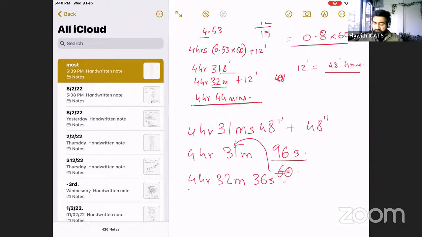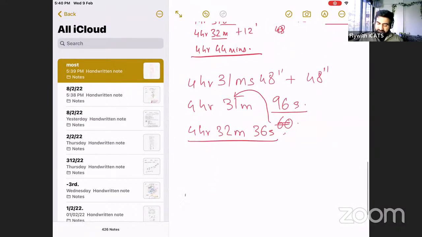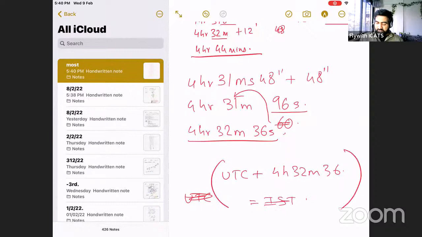Now this conversion of the arc, students, is UTC plus 4 hours, 32 minutes, 36 seconds, like that you get. But this is not our IST.